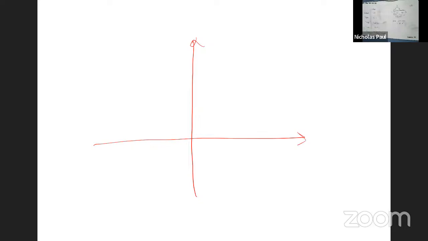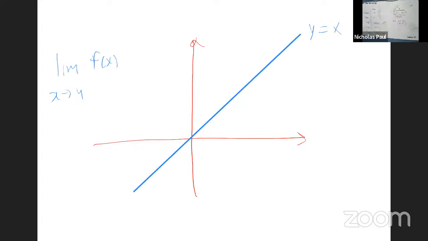Let's do our next function. Let's do the function y equals x. I would like to know the limit as x approaches 4 of f of x. In this case, f of x is x.